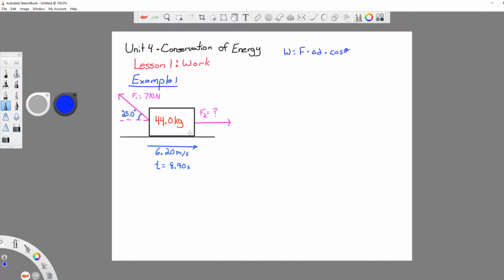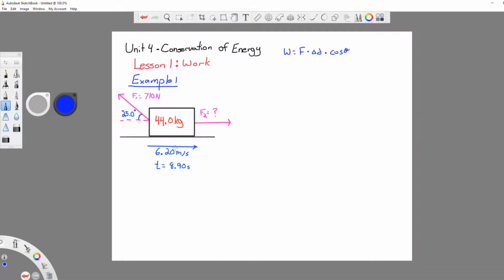The second important side note is that the only force that you can consider being applied to an object is the value of that force that is in the same direction as the movement. What does that mean? Well, if this block is moving 6.2 meters per second to the right, and we are applying this force at an angle, only the x component of this force counts towards the work done to it.